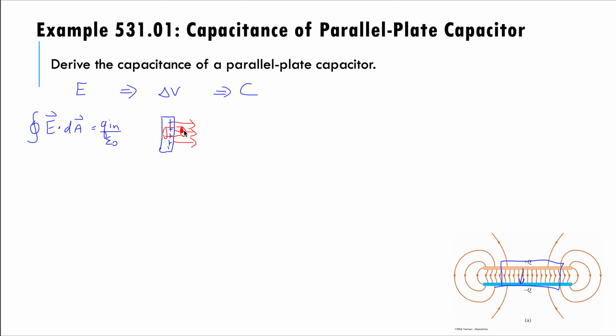So we're going to have this circular area here that has an area vector pointing away from it in the same direction as the field. So E dot dA is going to simplify to simply E times A, where A is the area of this Gaussian surface, so I'll just call it A_G for now.